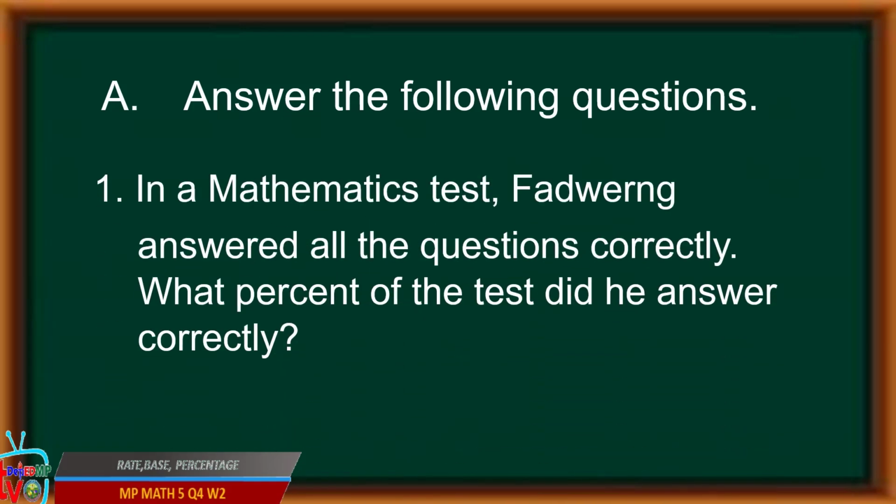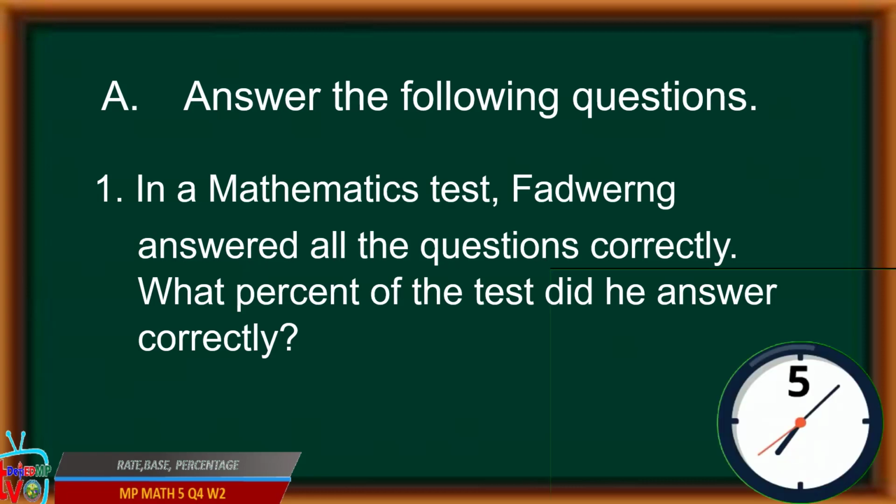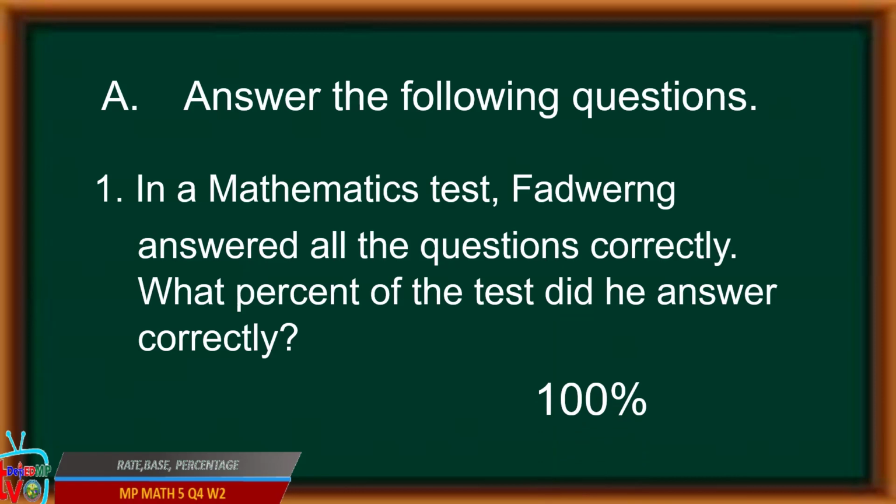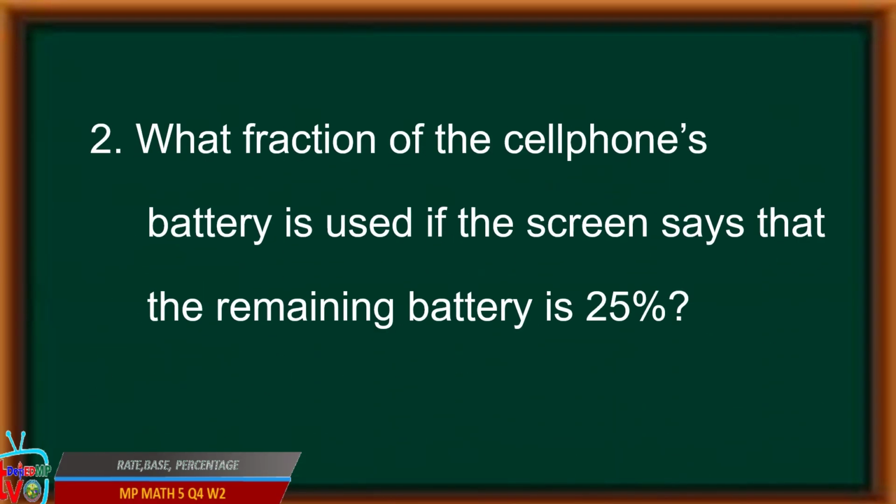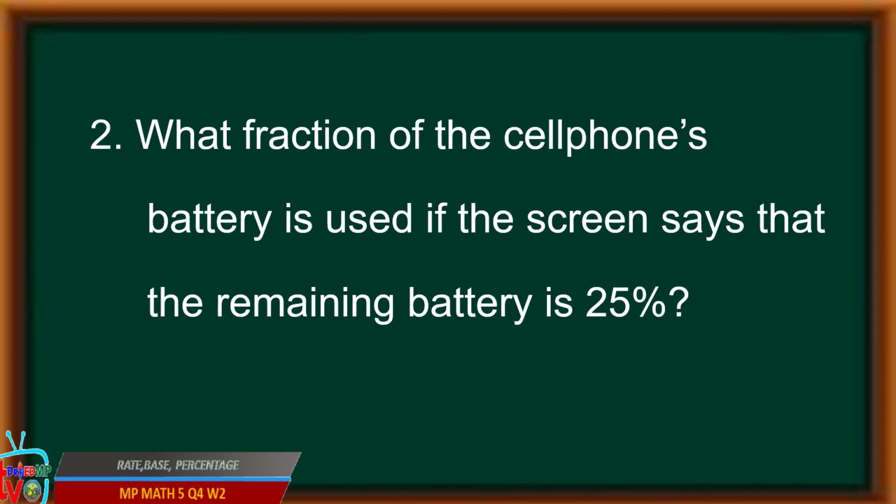Number 1. In a mathematics test, Fadwang answered all the questions correctly. What percent of the test did he answer correctly? The correct answer is 100%. Number 2. What fraction of the cell phone's battery is used if the screen says that the remaining battery is 25%?